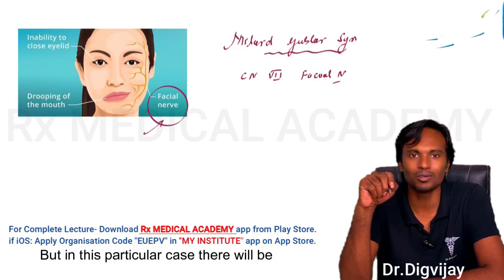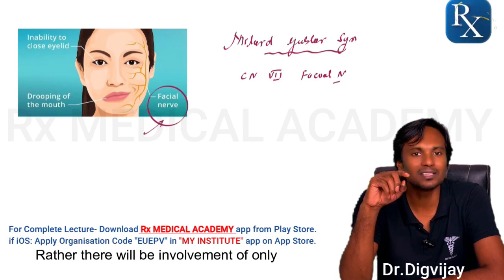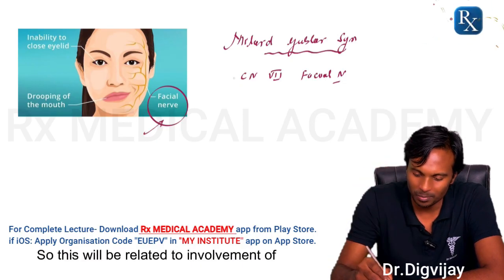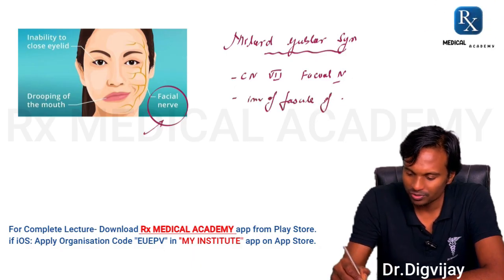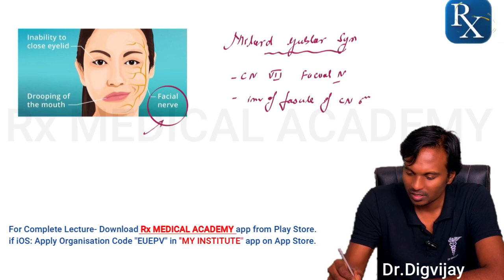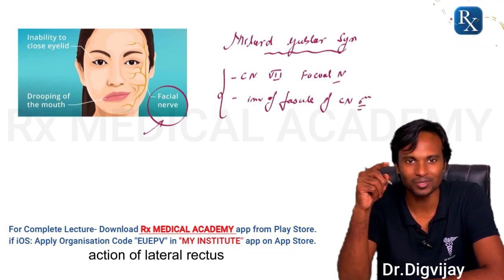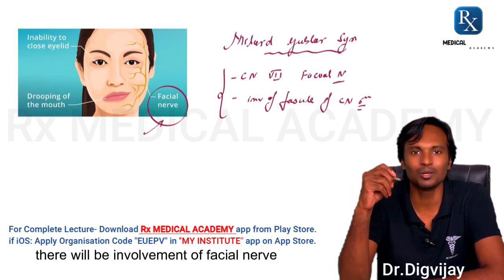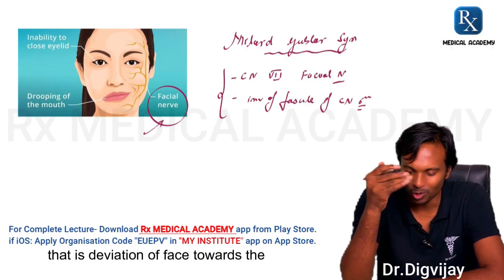But in this particular case, there will be no involvement of 6th nerve nuclei. Rather, there will be involvement of only fascicle of 6th nerve. So in this case, there will be loss of action of lateral rectus towards the ipsilateral side, as well as involvement of facial nerve, that is deviation of face towards the opposite side.